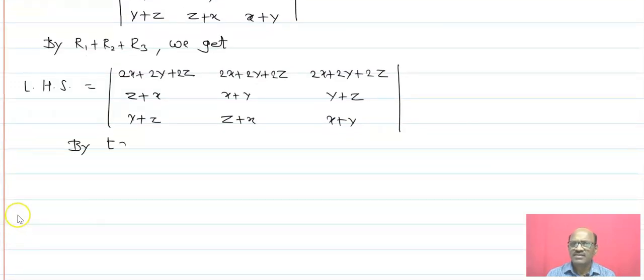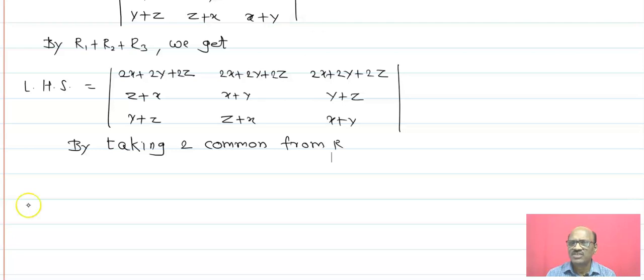Therefore, we get in R1 2x plus 2y plus 2z, again 2x plus 2y plus 2z and 2x plus 2y plus 2z.